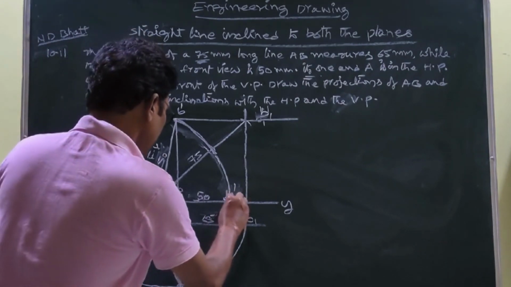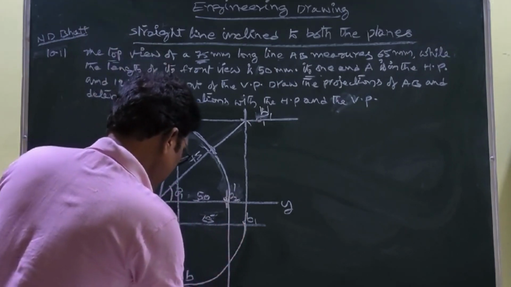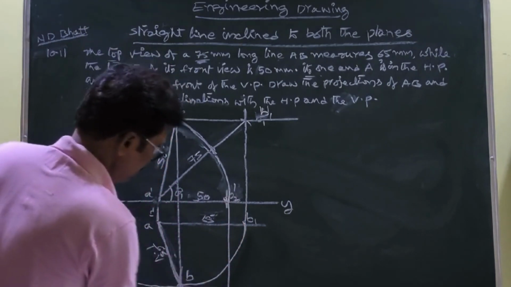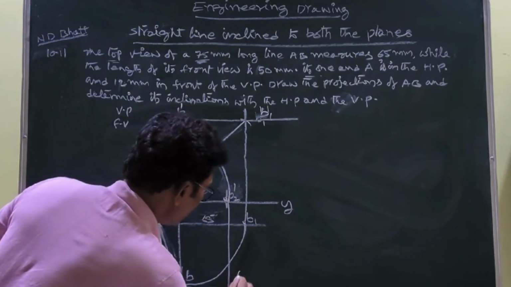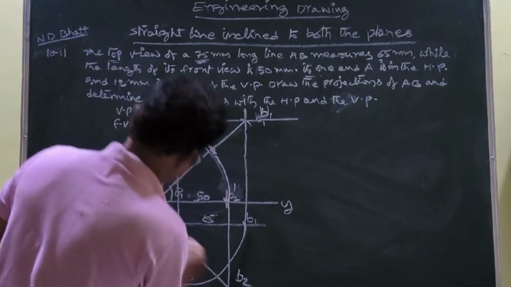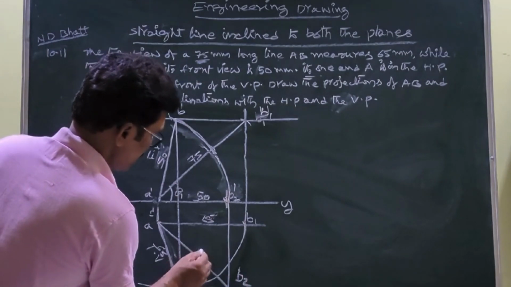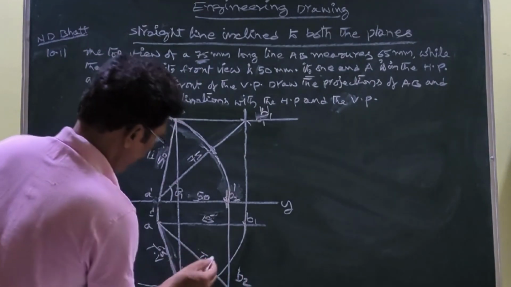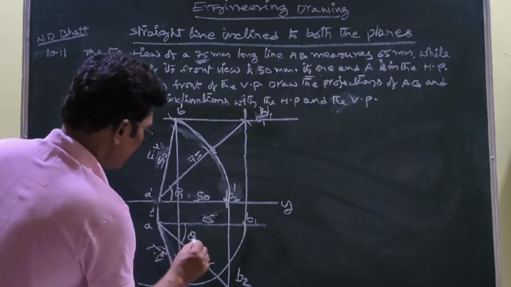So you draw a projector until it intersects this locus. This point is B2. Then you join A and B2. This is the top view. This is the angle equal to theta 2.